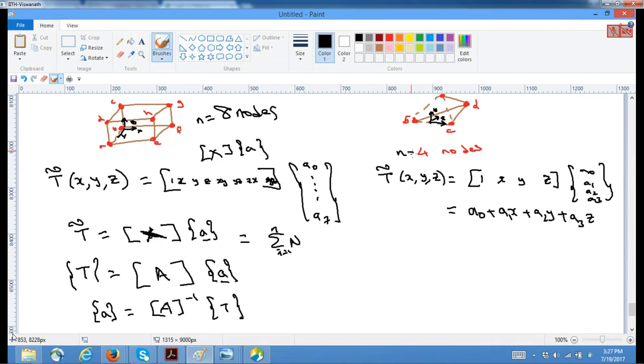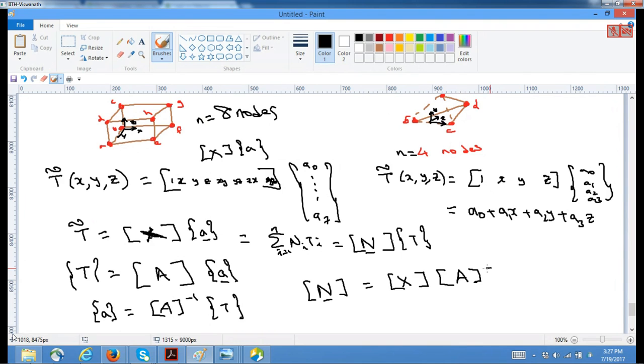Here N is equal to 4. So N_i T_i, or that can be written as N's times T. So if I take this and substitute here and then compare the things, again my N shape functions are given by X times A inverse.